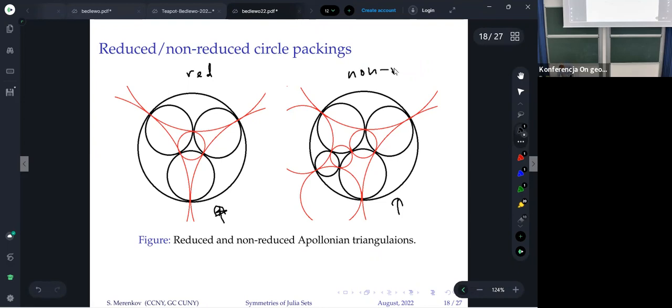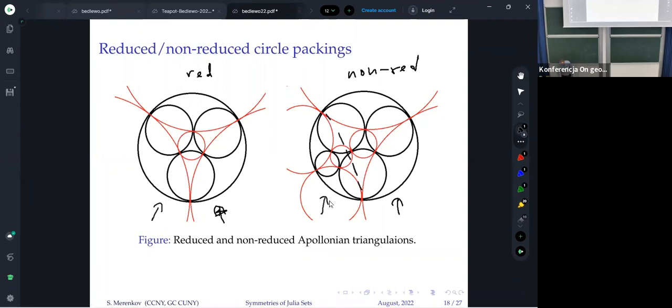And you see, all that happened is I reflected my original circle packing with respect to some circle and got a non-reduced one. And this is a very benign operation, right? Basically what I did is I took an index 2 subgroup here. And the limit sets of the two groups will be exactly the same.